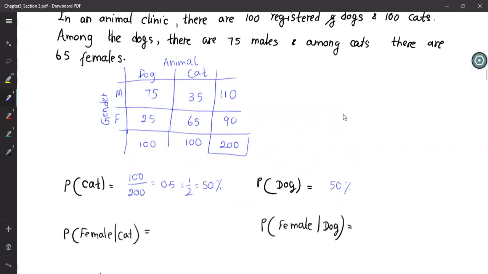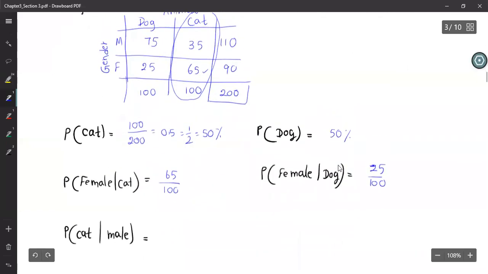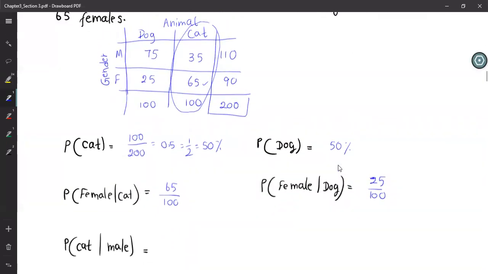Now you need female given cat. So it's given that it is a cat. Out of them, how many females are there? 65 out of 100. Now you need female given dog. There are 100 dogs. Out of them, there are 25 females. And cat given male.